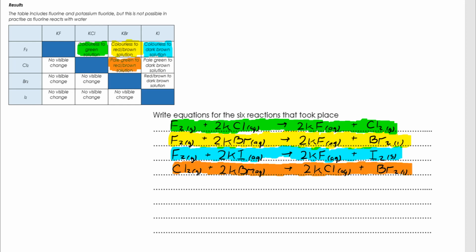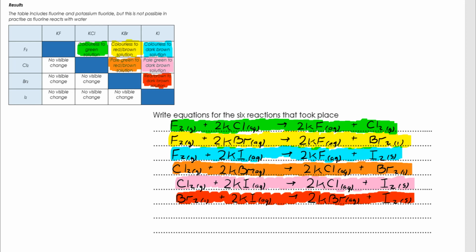Equation number 4. Equation number 5. And equation number 6. And obviously for all of the ones that are no visible change, there is no chemical reaction, no equation to write.